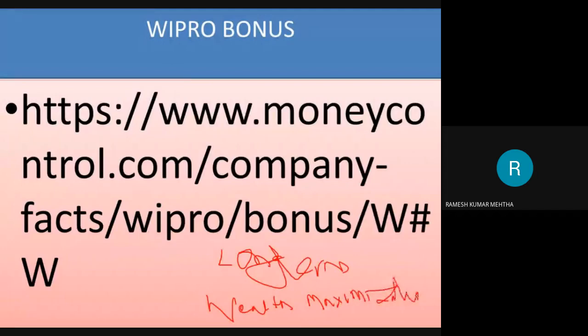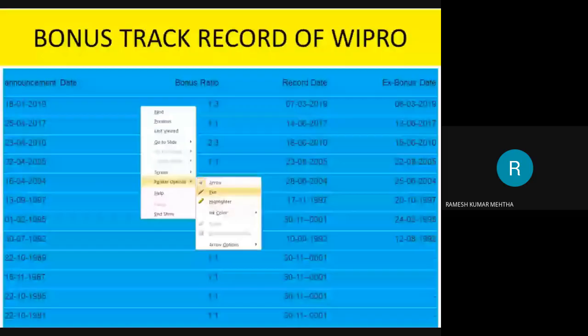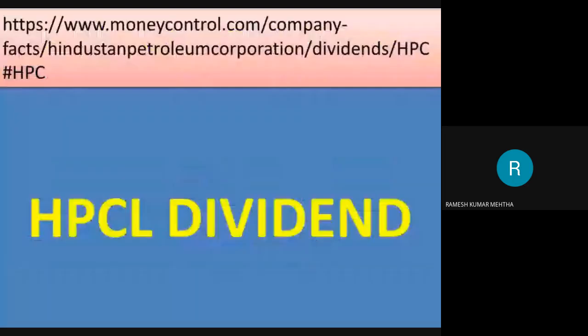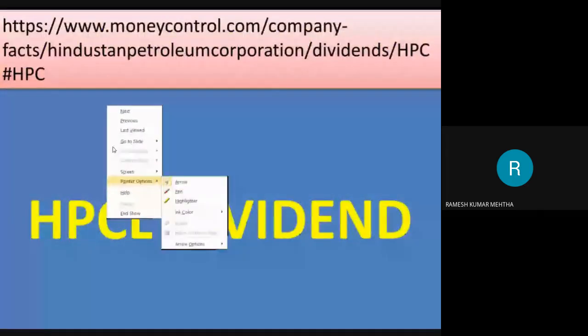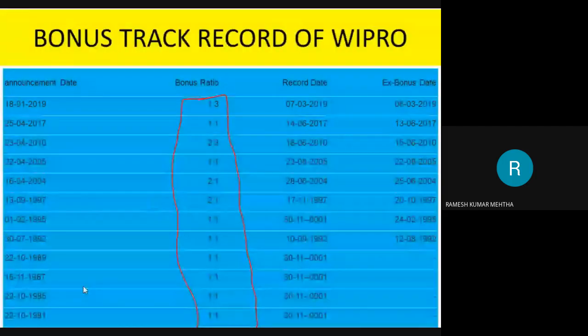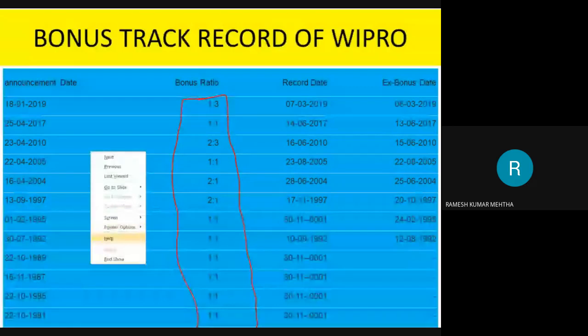You can see for yourself that this company, Wipro, has declared bonuses over a period of several years, from 1971 till today, 2020.